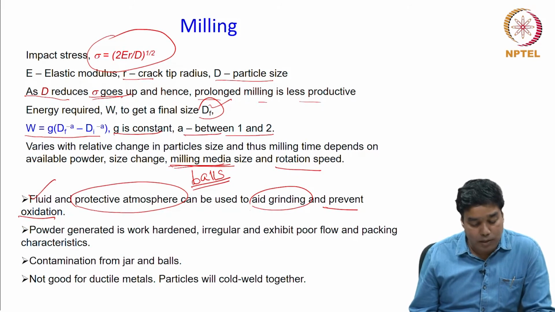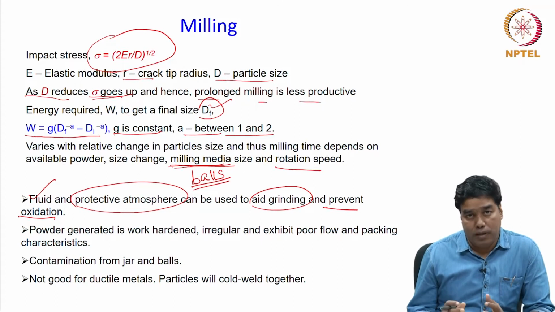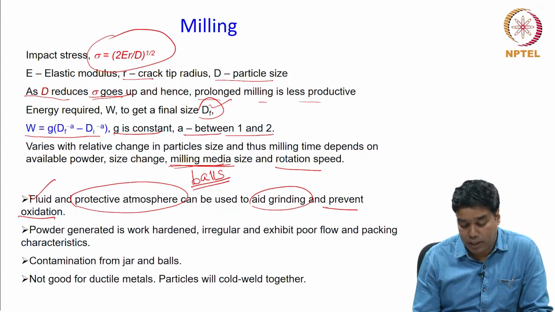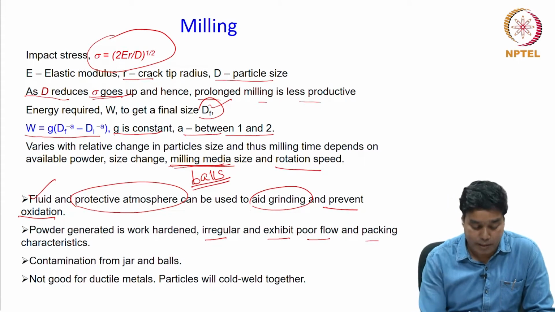And the powder generated is work hardened because it is continuously impacted by those hard balls, and these powders are irregular in shape and they exhibit poor flow and packing characteristics. Okay.